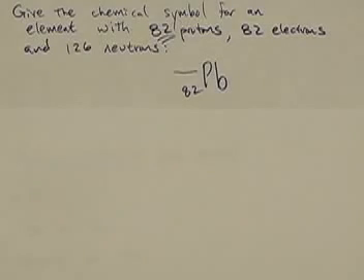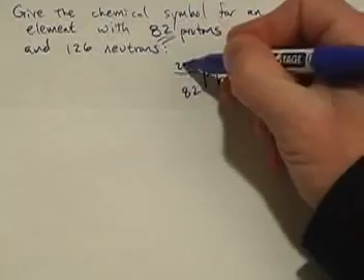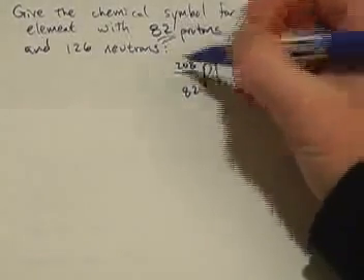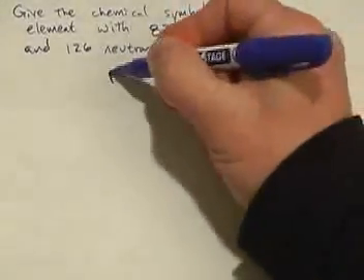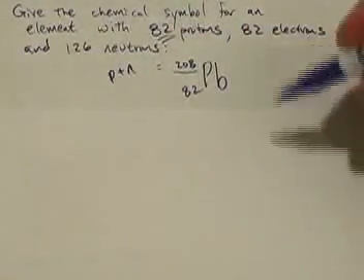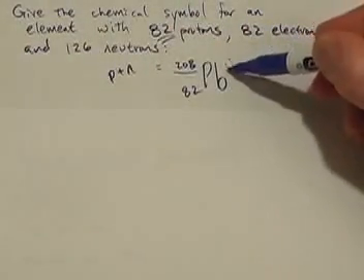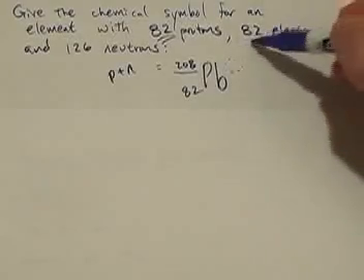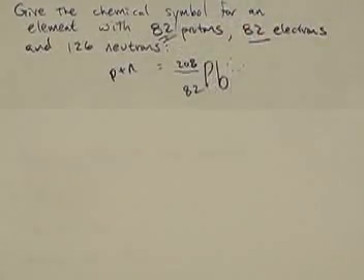And 82 plus 126 is 208. So put 208 up here at the top, because remember, that number is the number of protons plus neutrons in the nucleus. Now we'll learn next videocast that we could also put a number out here if the number of electrons and protons was not equal.